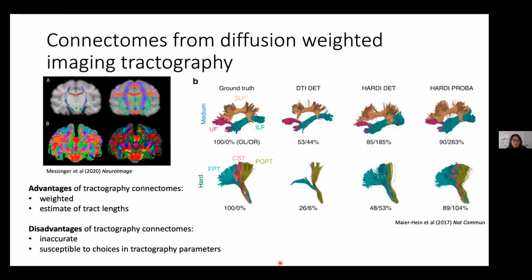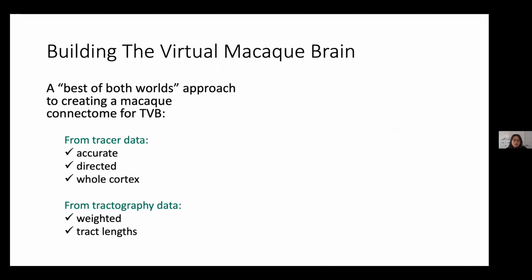And so given that, and given that in the macaque especially we have this really nice set of tracer data to work with, we took the best of both worlds approach. We took the tracer data as a set of priors. And what we assumed was that the tracer data is accurate.